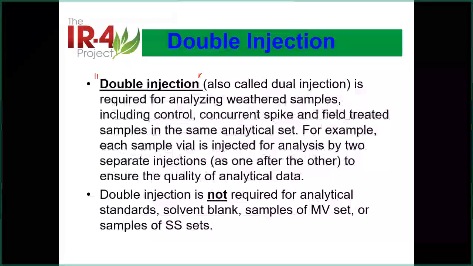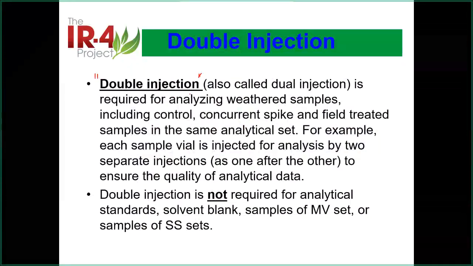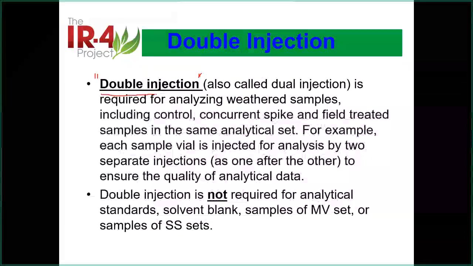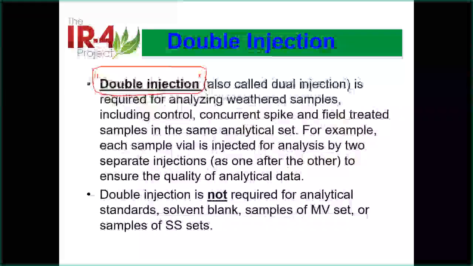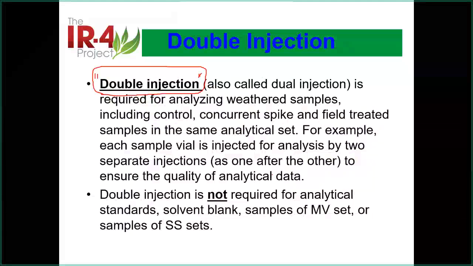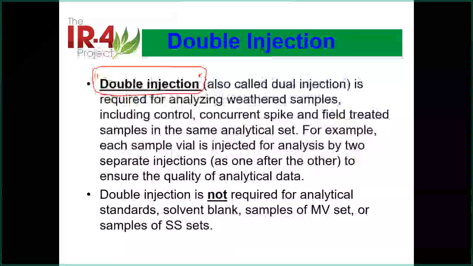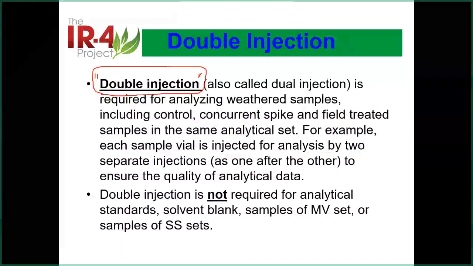That's called double injection in the IR4 system. There are a lot of reasons for it. EPA does not necessarily require you to do double injection, but EPA wants you to make sure your numbers are correct. Now there are a lot of other things, which I will mention later, about how you handle the data, because you now have a lot of data, which will be different.